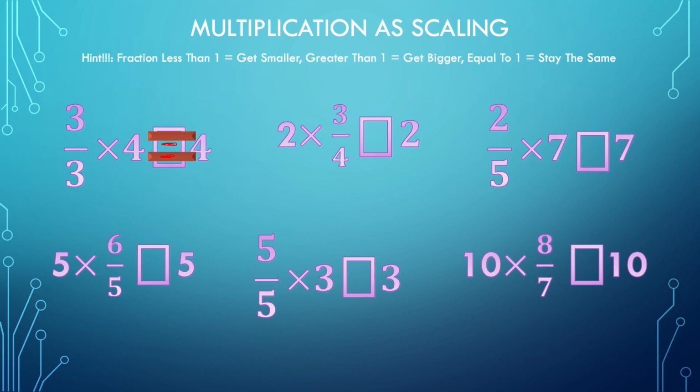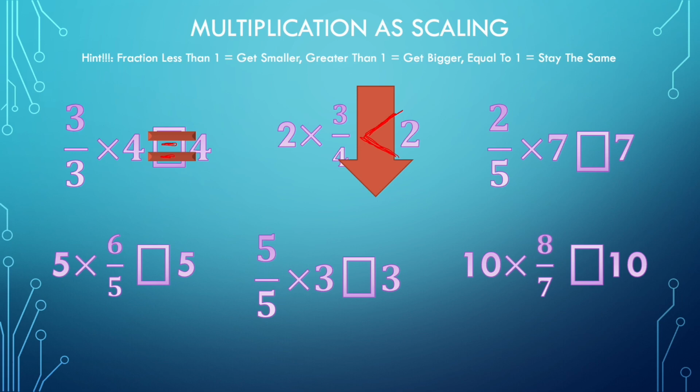So now moving on to our next problem, we have 2 multiplied by 3/4. Our 3/4 is smaller than 1, so we are going to get smaller. So our 2 is going to be greater than. Now to check it, we would agree it's going to get smaller.